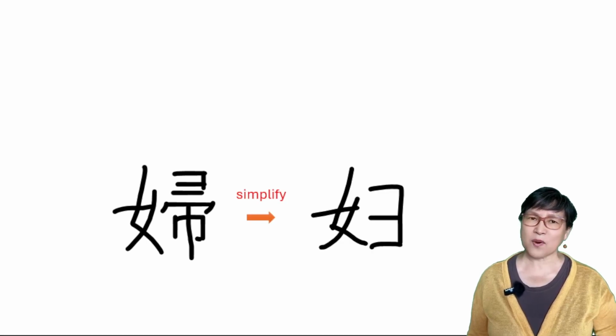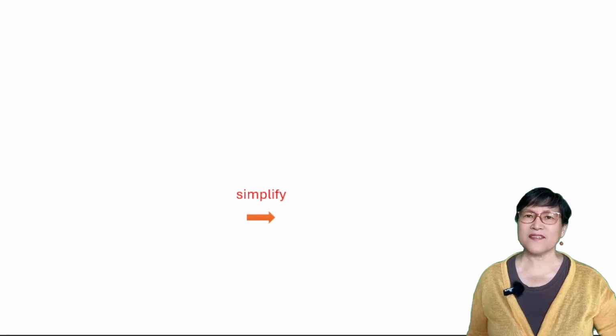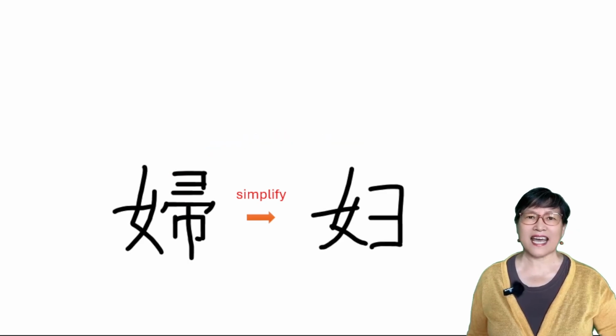Less than a century ago, the traditional character was simplified into the modern form. During this process, only the upper part of the original broom component was retained. Some people argue that simplification weakened the connection between the character form and its original meaning.